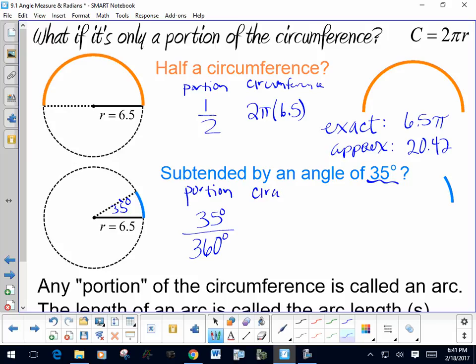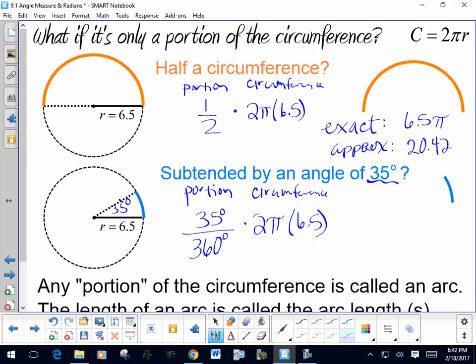And we just multiply that by the circumference. Again, 2 pi r, and our radius is, we're still going to work with 6.5 here. And we just multiply that together. And I'm going to just go ahead and get a decimal approximation here.